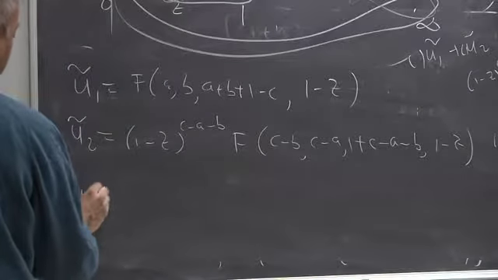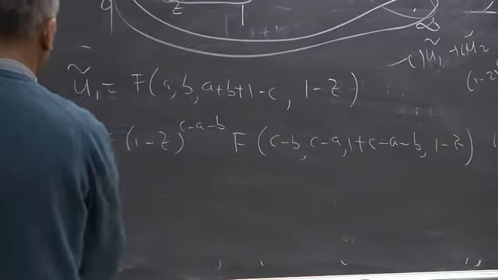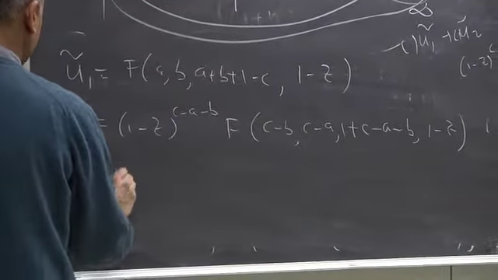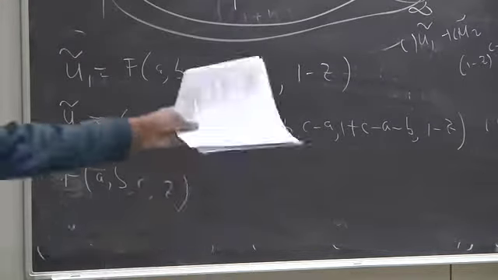So let's say F(a, b, c, z) is the u1 solution, right?